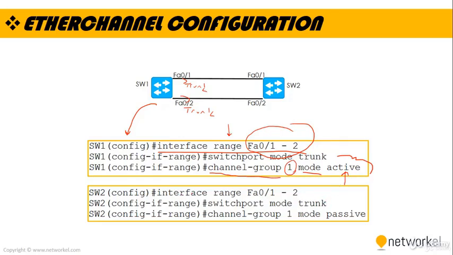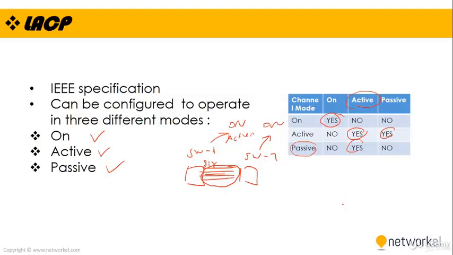Alright, cool. And on switch 2, I'm doing similar things. Interface range, then switchport mode trunk, but please pay attention that this time the channel group numbers are matching also, and I'm using passive for this side. Okay, let's go ahead here.